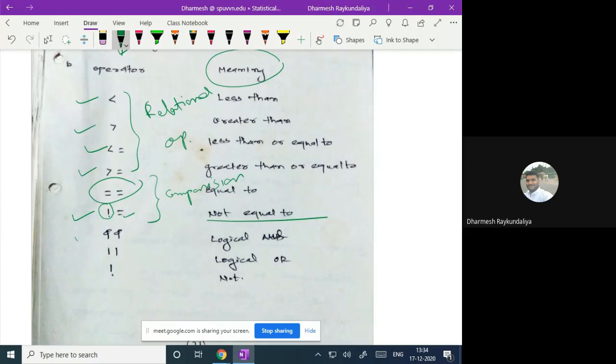And this is called logical AND, with AND in capital letters. This is the symbol for the logical OR, and this is for the NOT.